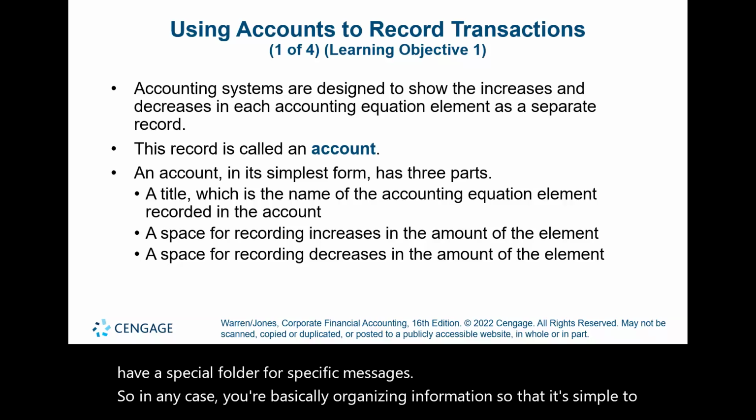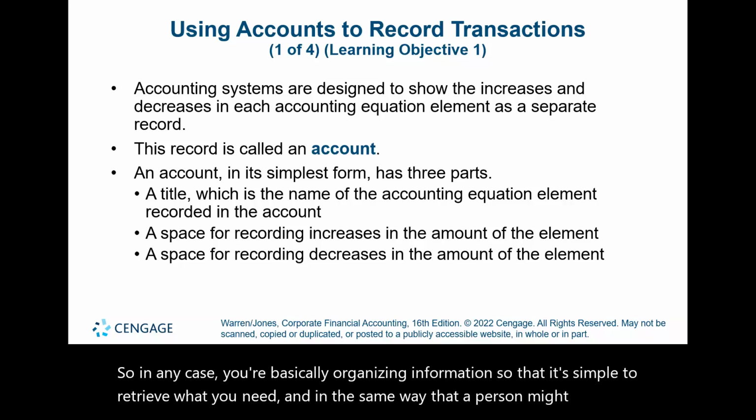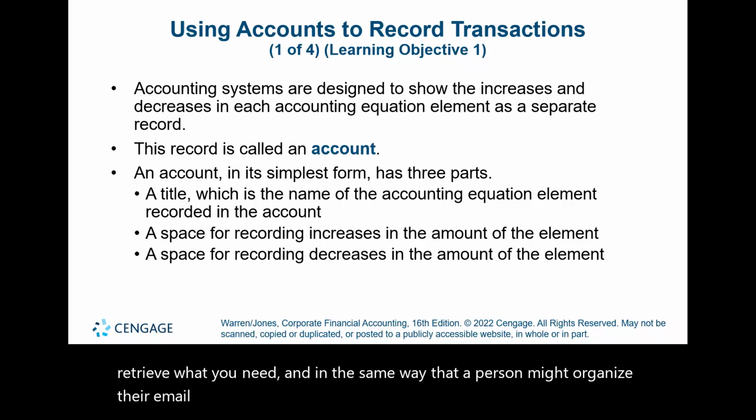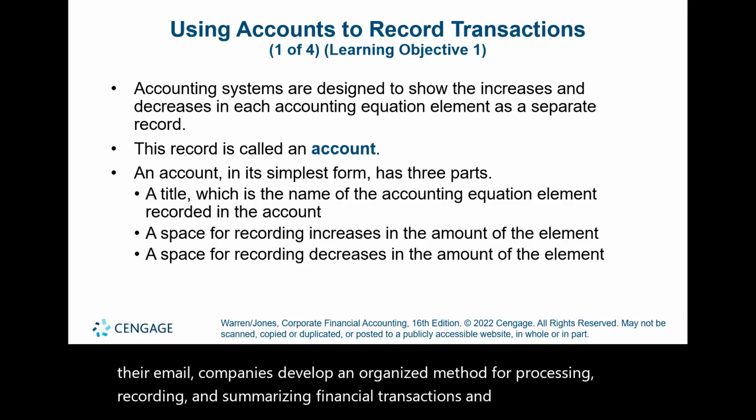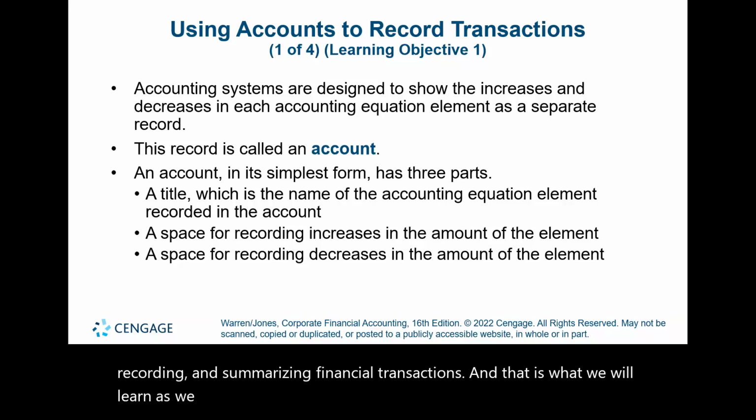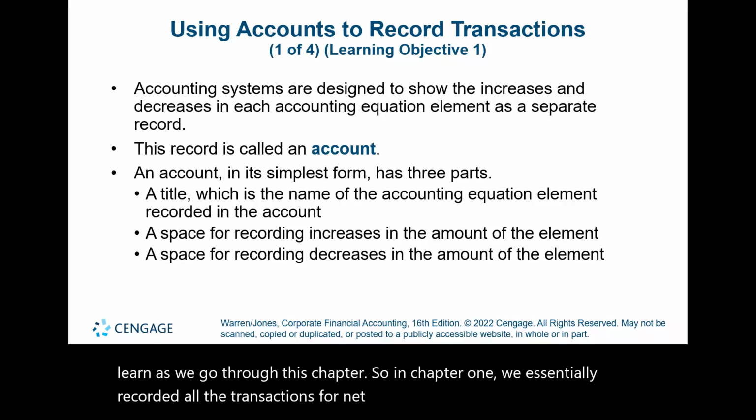In the same way that a person might organize their email, companies develop an organized method for processing, recording, and summarizing financial transactions. That is what we will learn as we go through this chapter. In Chapter 1, we essentially recorded all of the transactions for Net Solutions, recording the accounting equation.